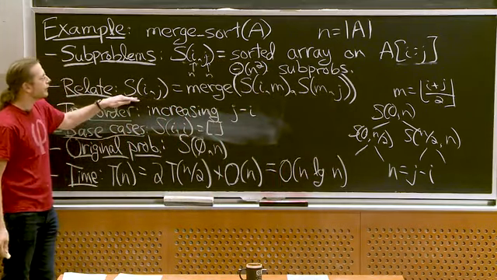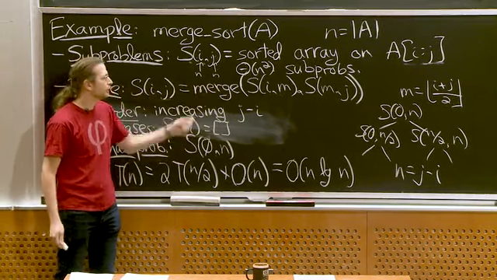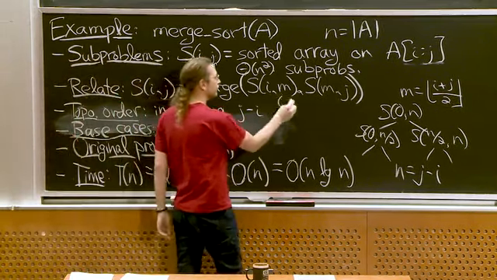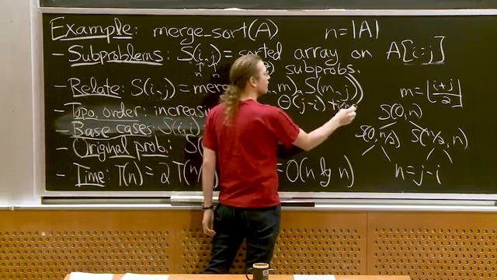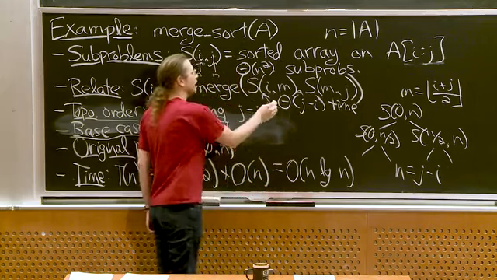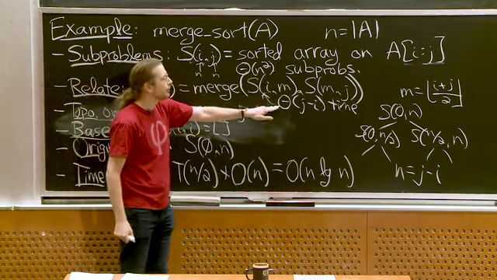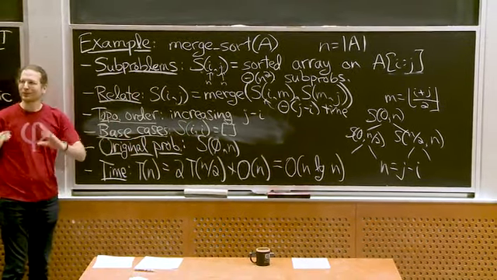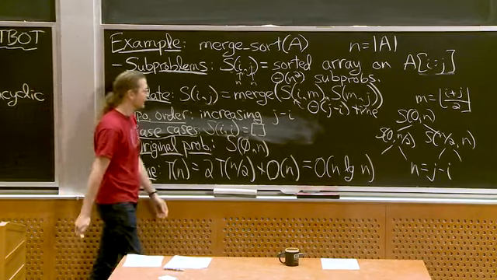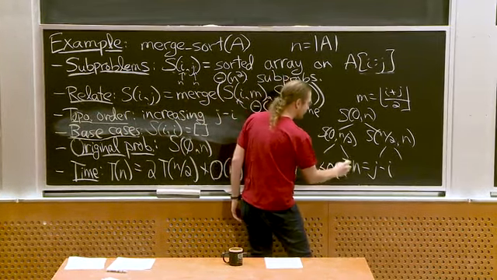Well, to solve S of i j, we have to merge about that many elements. We know merge takes linear time. And so this takes theta j minus i time to evaluate. And so what we'd like to do is sum over all the subproblems of j minus i. This is not the triangular number, but the tetrahedral number, I guess. And so we end up that the running time is at most n cubed.